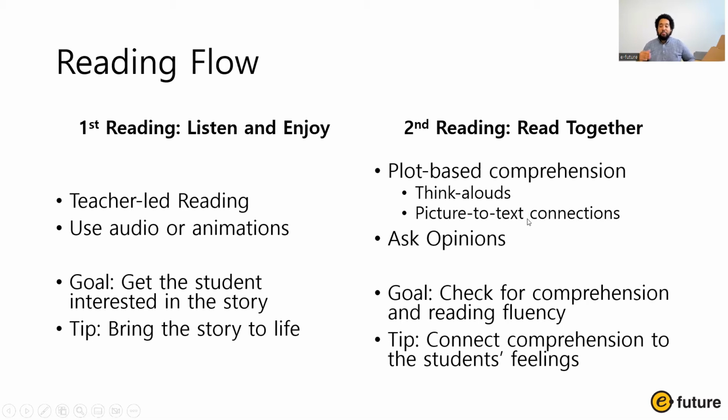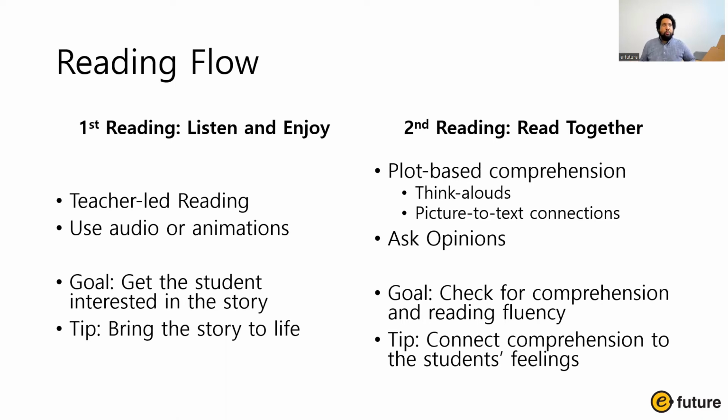Do a lot of picture-to-text connections. You're going to have images with these stories, so talk about how the pictures relate to the story. Ask the students again, what do you see here? Who is the main character? Which of these characters in the picture is the main character? And then ask opinions. Read a little bit and then ask the students, is this what you would do?